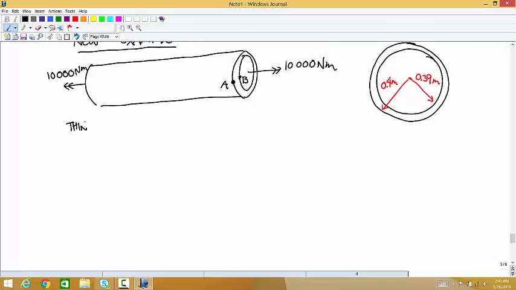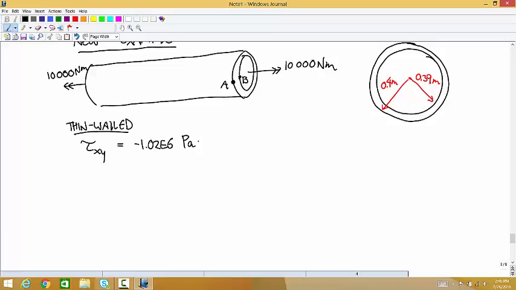Well, the thin-walled answer says the XY shear stress is equal to negative 1.02 times 10 to the 6 pascals. By the way, why did that stress get bigger even though I reduced the torque?